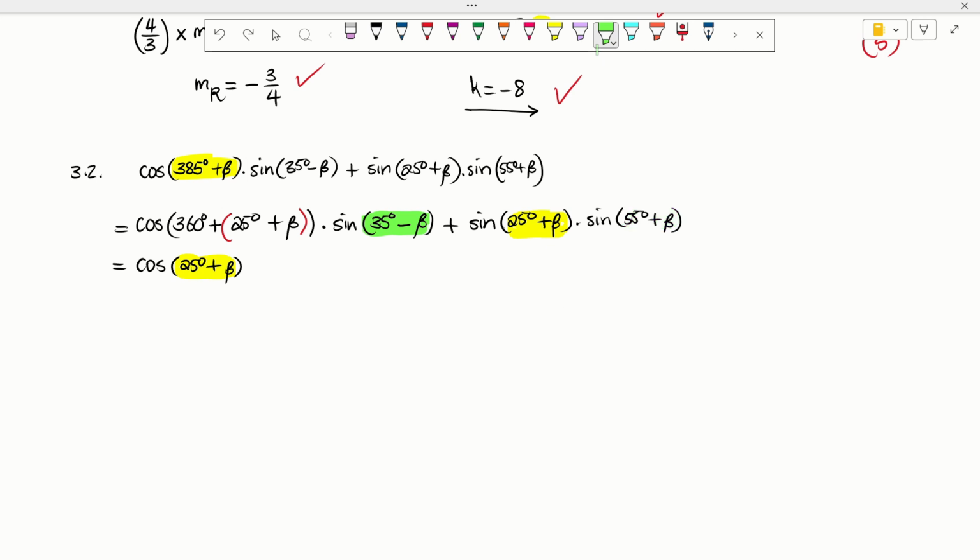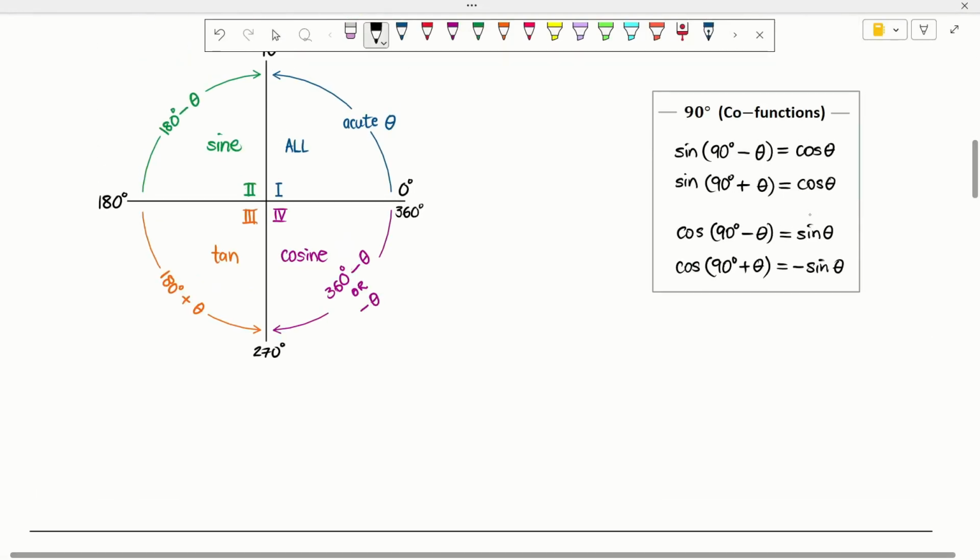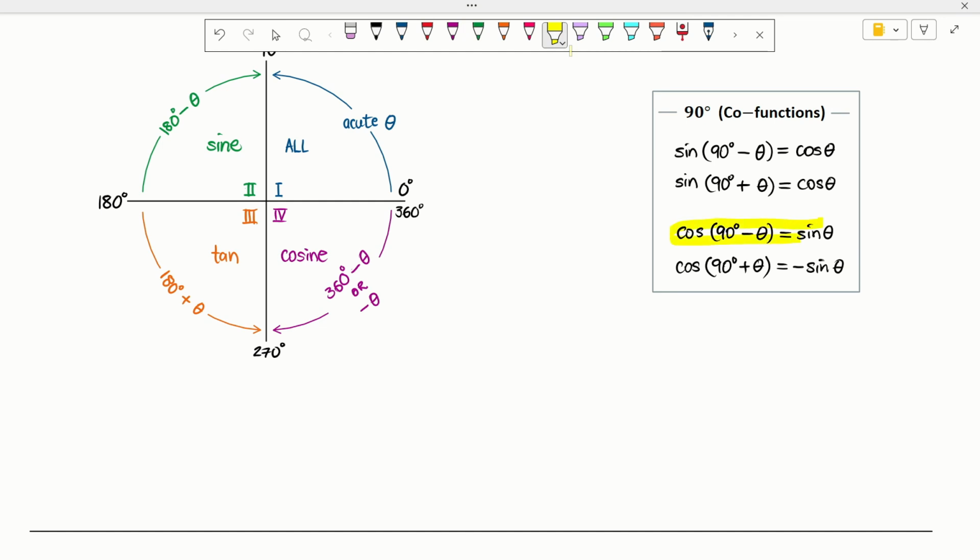I can change this one into a co-function. How about I do that? It's just you trying things out. I can change sine of any angle, sine theta, look at this for co-functions, sine theta can become cos of 90 minus theta.